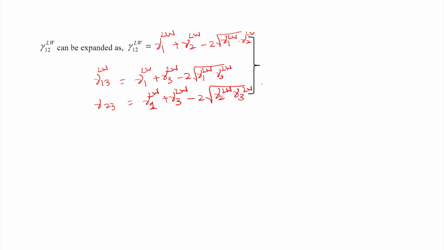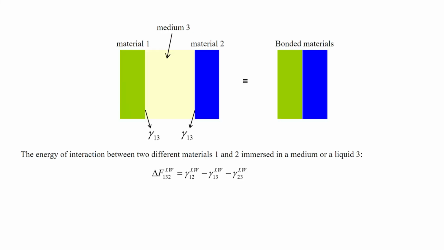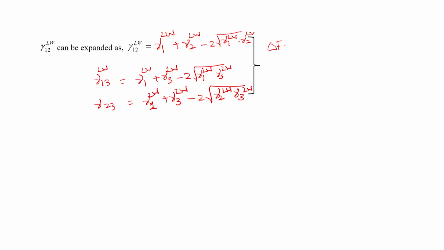And let us put all together into this formula. So, delta F 1 3 2 LW will be given as gamma 1 2 LW.